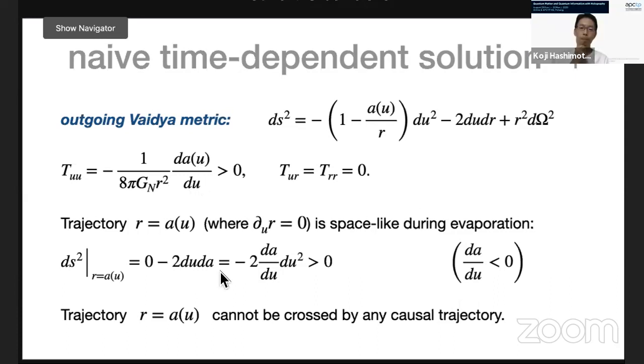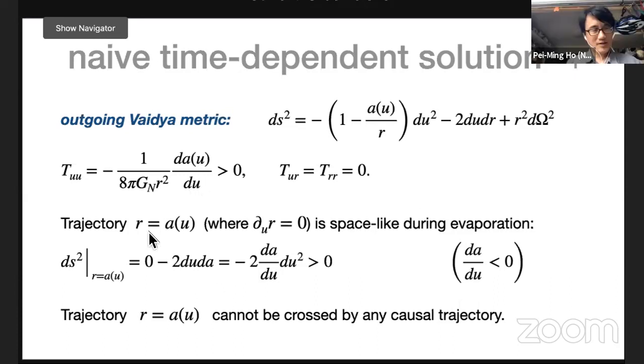Then you can see that the trajectory of the trapping horizon is space-like, and it's shrinking. So it means that there is no causal matter that can catch up with the shrinking trajectory of the trapping horizon, so the trapping horizon would never emerge. It would always be hidden under the matter. It would actually never appear.